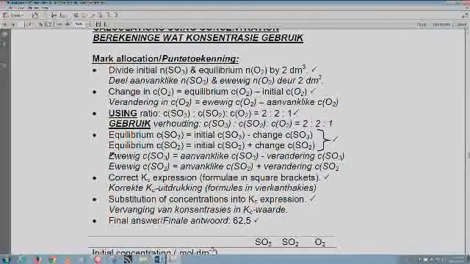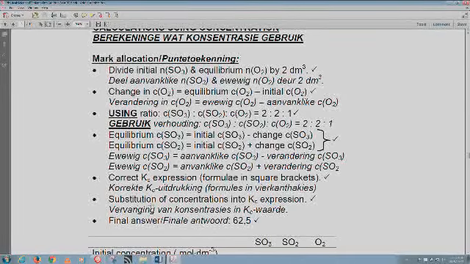And then the fourth mark there will be if equilibrium concentration is initial minus the change of sulfur trioxide, and equilibrium concentration of sulfur dioxide is initial plus the change. If both of them are correct, it is the fourth mark. The fifth mark is for the Kc expression.